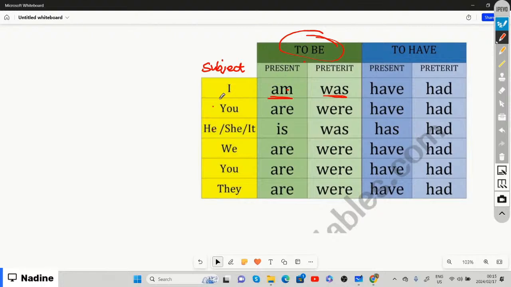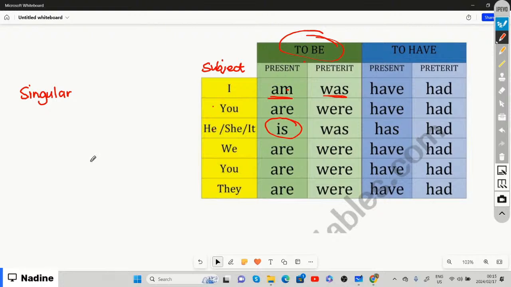The only time the focus is on the subject is when it is either singular or plural. Because when it's singular, then we use, for example, he, she, it is. That is singular.